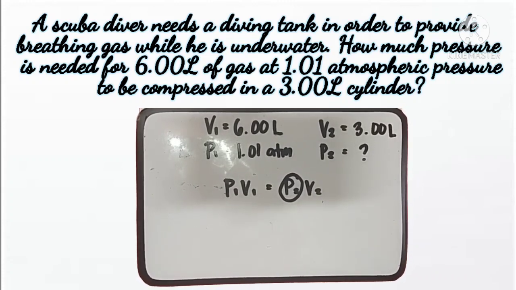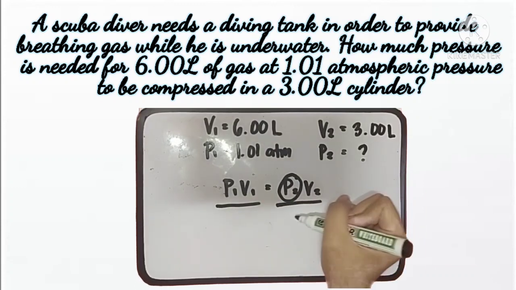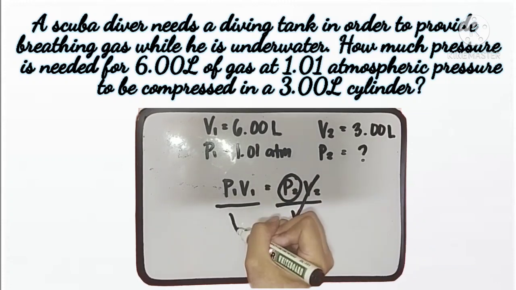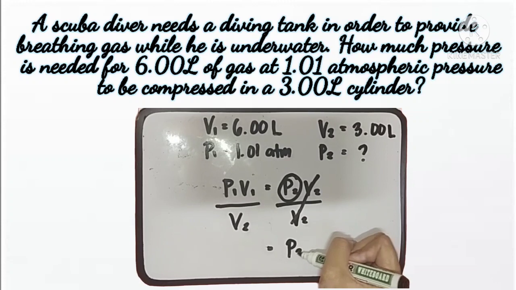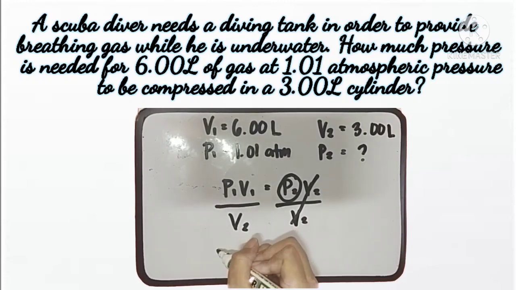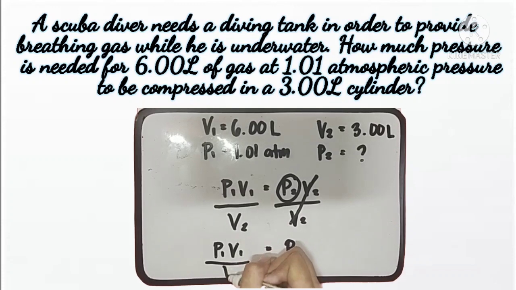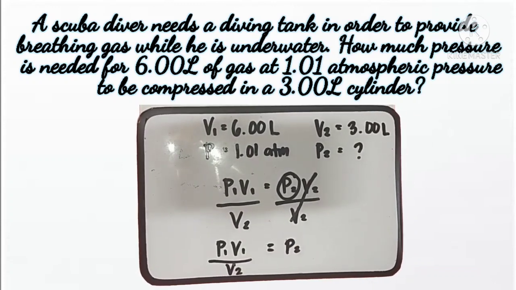So for P2 to remain on one side, we need to divide both sides by V2 so that V2 will be cancelled. Therefore, our final formula is that P2 is equal to P1 times V1 over V2. Alright, now you have your first step.